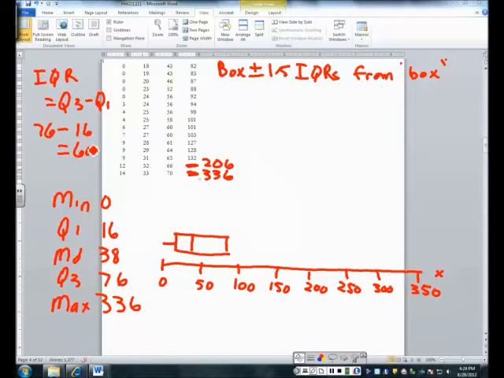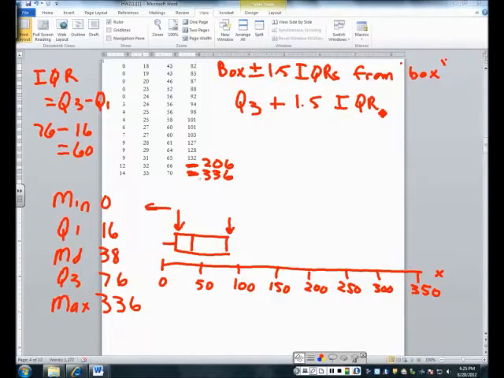And so to go from the box, if I were going on the lower hand side, I would do Q1 minus 1.5 IQRs. But since there aren't any down there, I'm not going to do that on this one. So on the top, I'm going to go Q3. Again, I'm going from the edge of the box. I'm going to start at Q3, and I'm going to add 1.5 interquartile ranges.